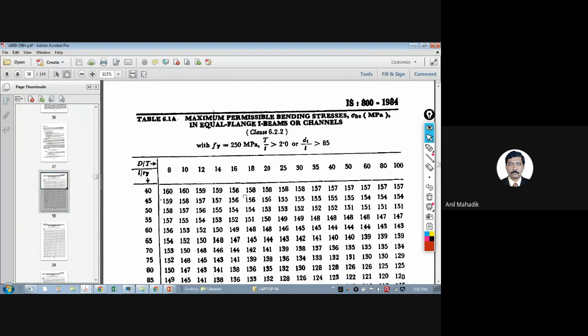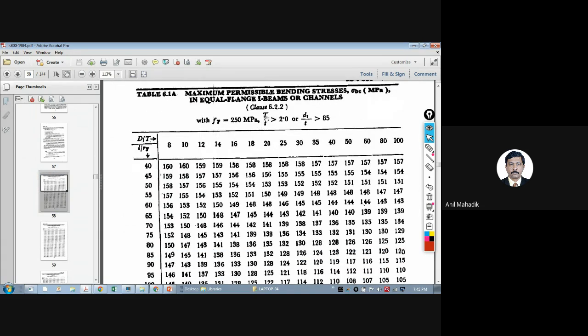So our I beam is there. Now here there are different ratios given, capital T upon small t. If it is greater than 2, and D1 upon t is greater than 85, then you can use this table.